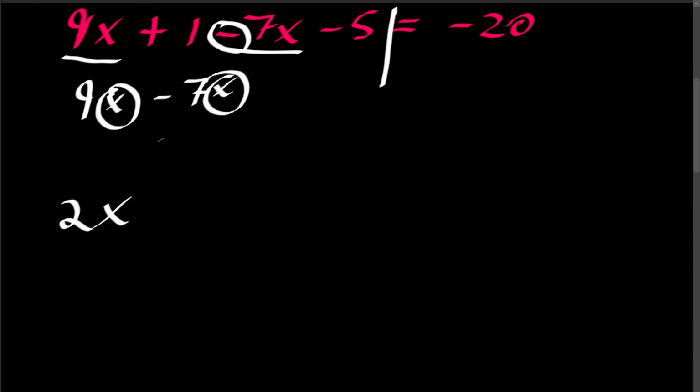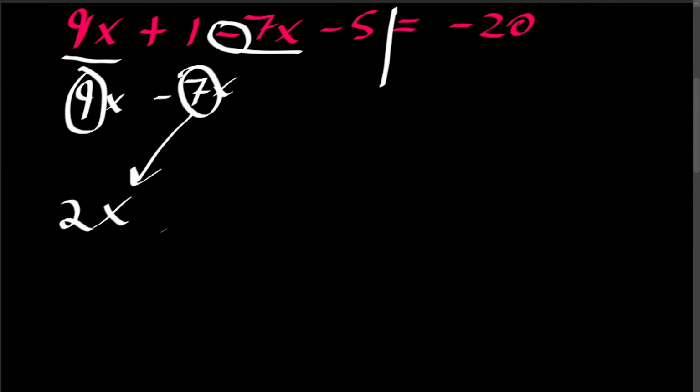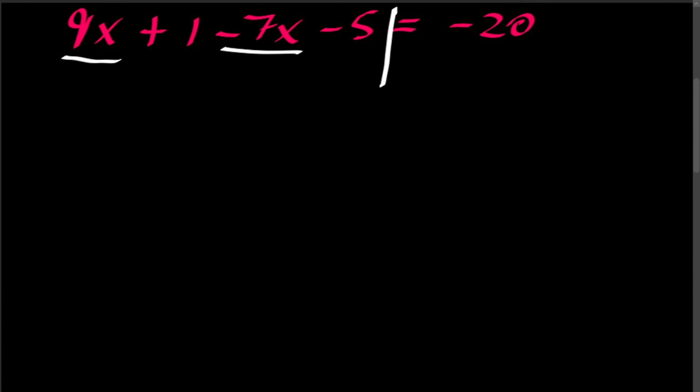All you have to do is look at the coefficients and say 9 minus 7, and then you're good to go. You just have to make sure you don't forget to bring down your variable. So boom, we said 2x.